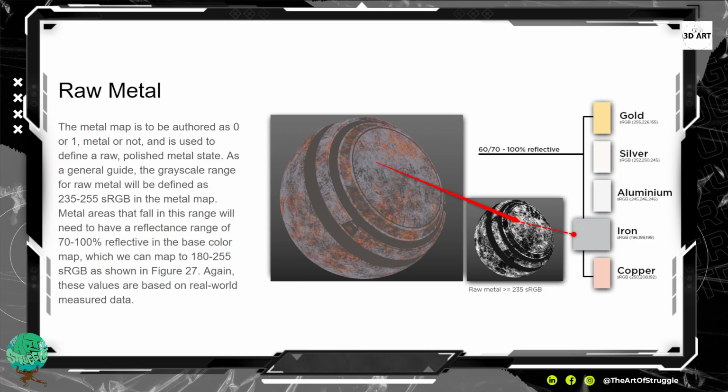Metal areas that fall in this range will need to have a reflectance range of about 70 to 100% reflective in the base color map, which we can map to about 180 to 255 sRGB, shown in the figure to your right. Again, these values are based on real world measured data, right?